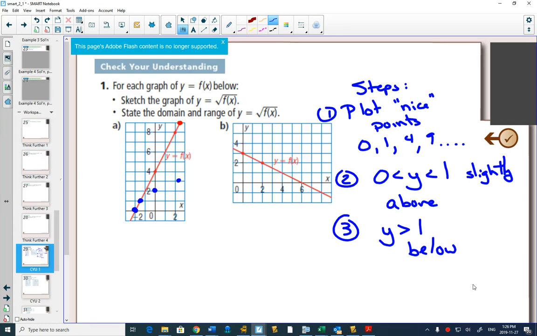Just a bit above. So what would that look like here? There, slightly above. By above, I mean going up and down. Can you see that the blue line is higher than the red line? And then when y is bigger than 1, it has to be below. Well, if you did other nice points, that part's going to naturally be below.